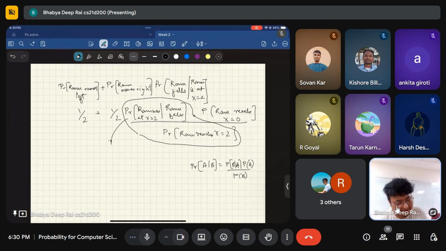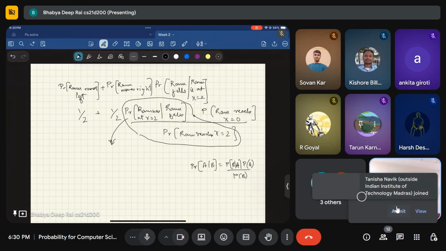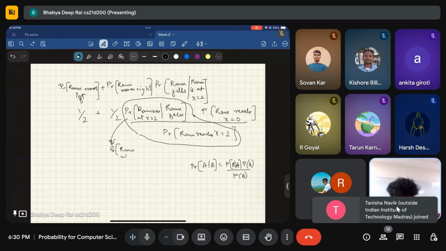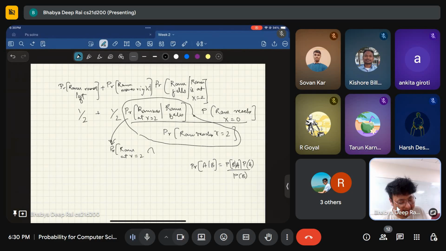So this probability will be nothing but probability that Ramu is at x equals 2 and Ramu falls, divided by, eventually falls, divided by Ramu falls divided by Ramu reaches x equals 2.